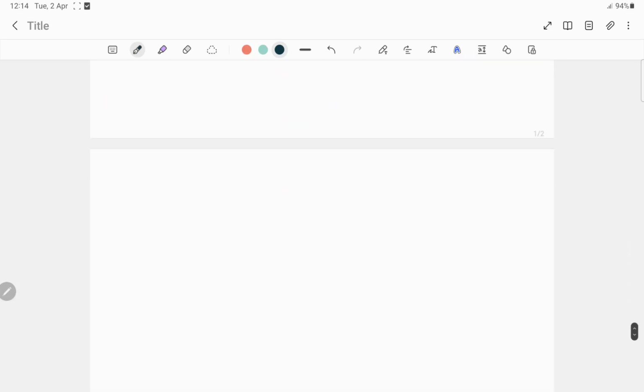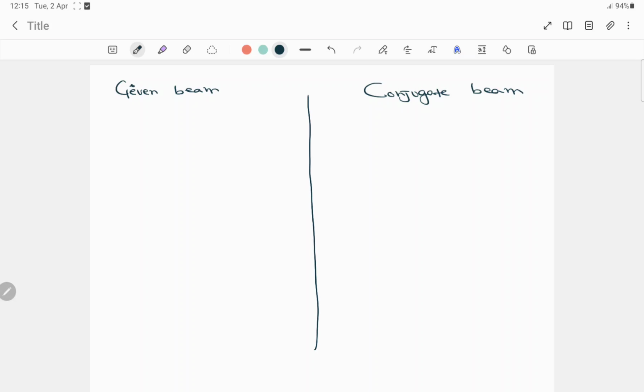I'll make the table first. I'll write here given beam versus conjugate beam. I'll make a table of both.